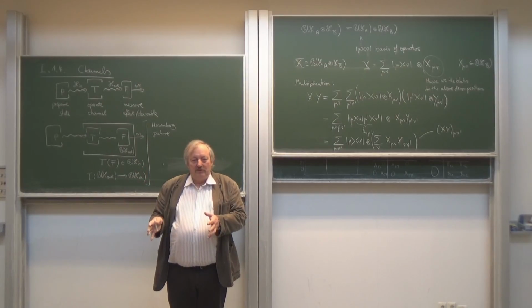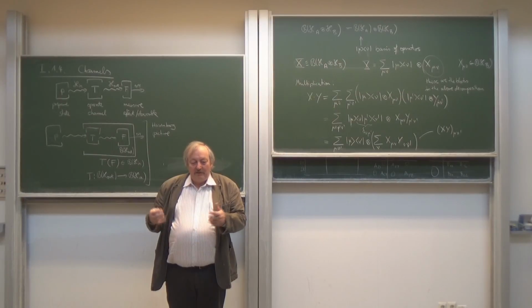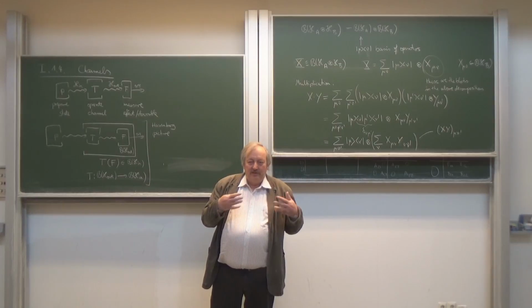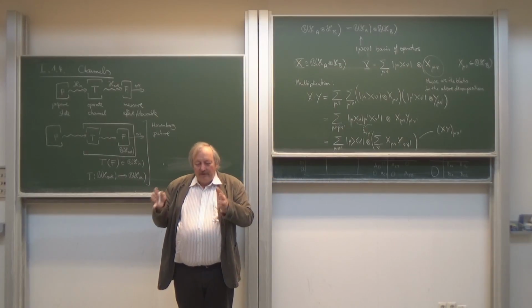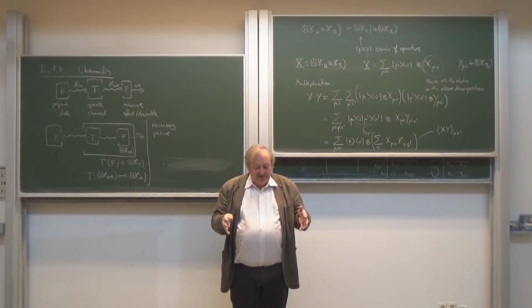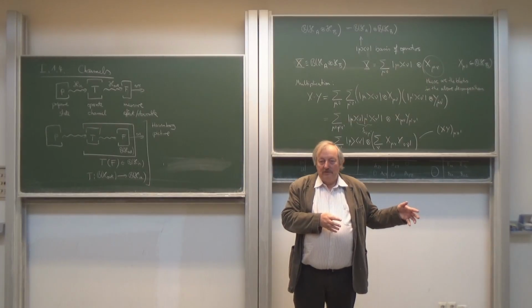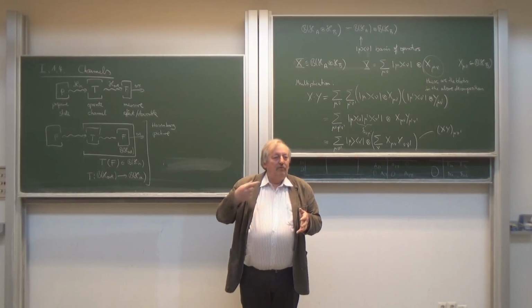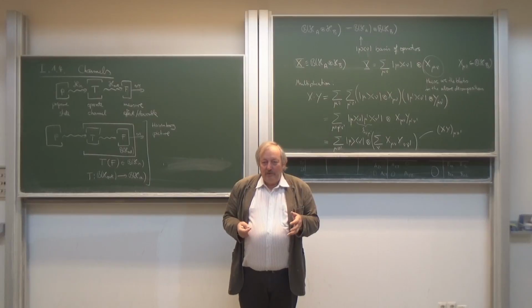You make a preparation, and the system that you prepare has a natural intrinsic dynamics given by the Hamiltonian. So you make your preparation, you wait for 10 seconds, and then you make your measurement. And this waiting time in between, where you let the system evolve according to its natural dynamics, is the channel. Right? Just letting it run is the channel.